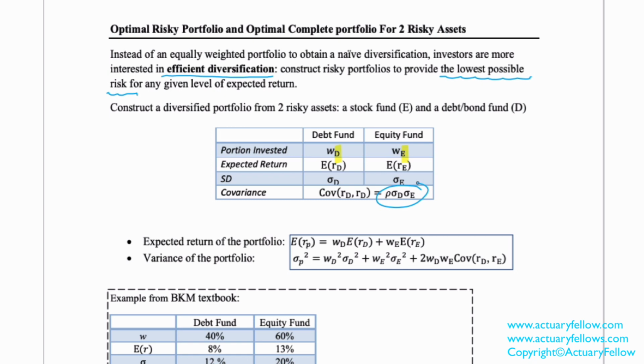When we combine these two assets in a risky portfolio, the portfolio expected return is the weighted return of the bond and equity fund. The portfolio variance is the weight squared times variance plus 2 times the weights times covariance.